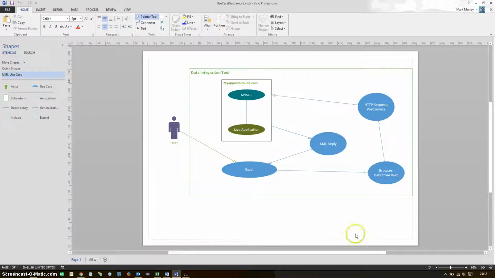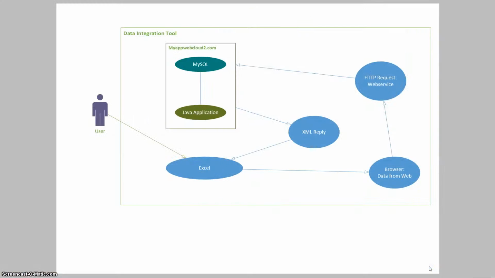This is an overview of the application. We have the user, the client side. The front end to this application is in Excel. A URL is sent via the browser to the application, which is hosted on a server named myappwebcloud2.com.